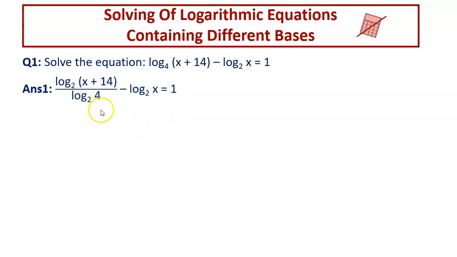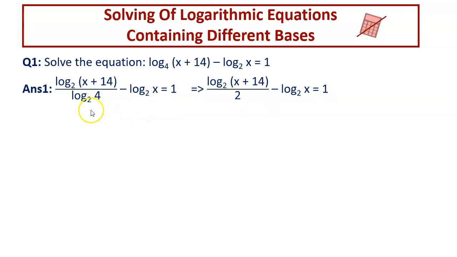And what is log of 4 to the base 2? It is log of 2 to the power of 2, or 2 squared, to the base 2, which will be equal to 2 times log of 2 to the base 2, or 2 times 1, which is equal to 2. So log of 4 to the base 2 is equal to 2. Even in our previous session, we had a term containing log of 4 to the base 2, and we had written 2 in place of it.